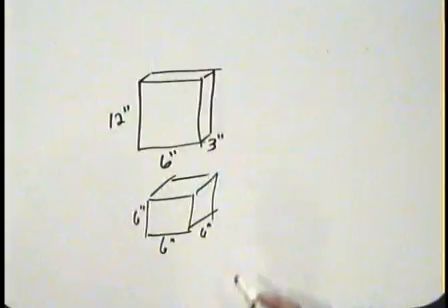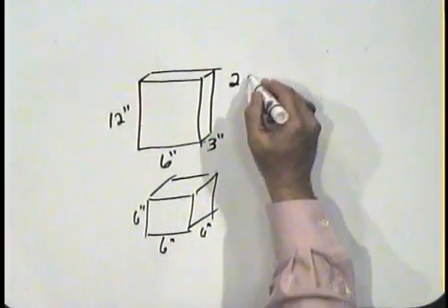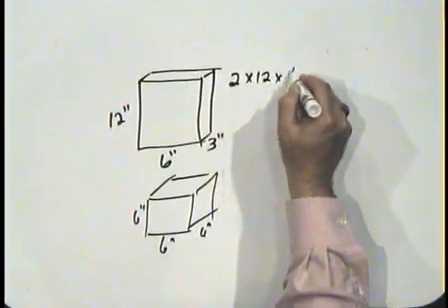Now, each of these boxes have 6 faces. What we want to do is find the surface area, the amount of cardboard that is used to construct the box. The rectangular box at the top obviously has two pieces, front and back, that are 12 by 6.